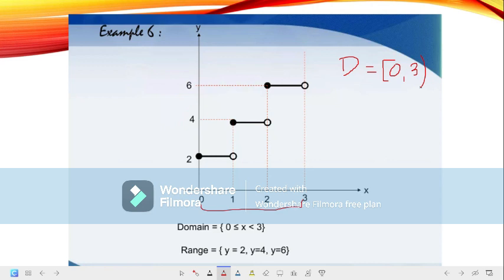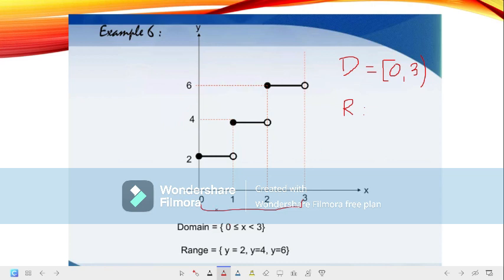Next, we'll continue. For the range, we cannot use the interval notation in stating the range, but we can use the set notation.